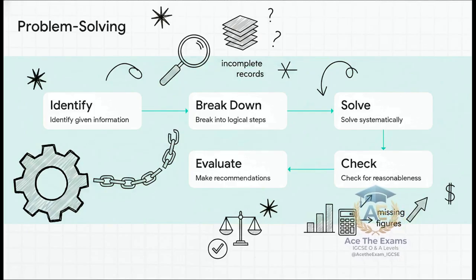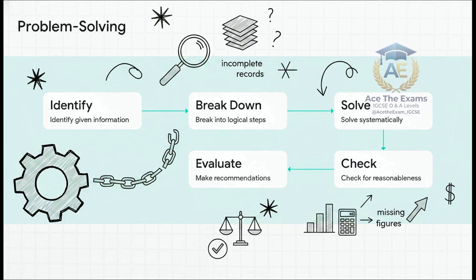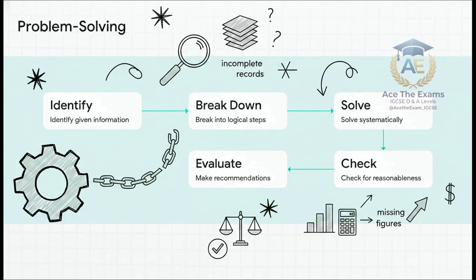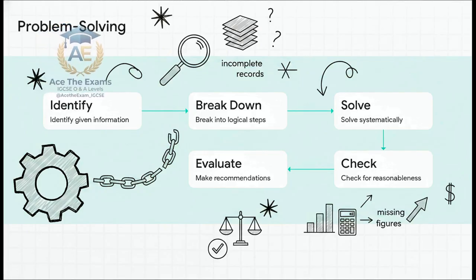You break the calculation into logical, bite-sized steps to solve for the missing purchases. Then, you step back and check. Is the resulting gross profit margin actually reasonable, based on known industry standards? Does it make sense in the real world? Finally, you make a justified recommendation about the business's financial health. Watching Alex and Sam rewrite their flawed section paragraph by paragraph using this exact step-by-step framework was amazing. It literally turns a mediocre, confusing calculation into a flawless, full-mark response.